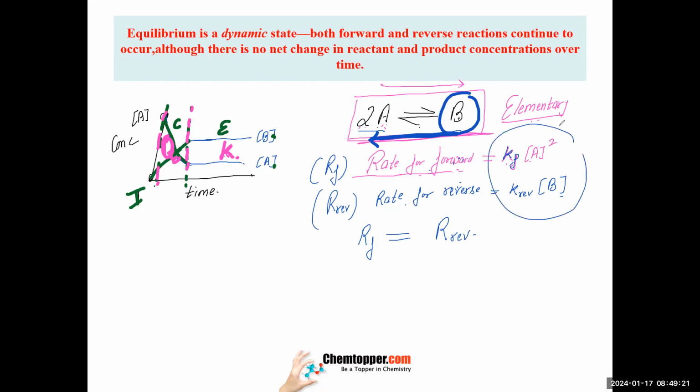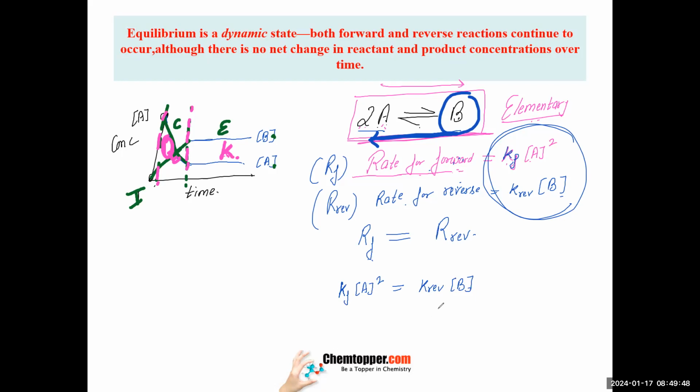Now plug in these expressions. What is forward? Rate constant, not equilibrium, rate constant for the forward direction, concentration of A raised to power 2, equals rate constant for the reverse direction, concentration of B. Are we good?